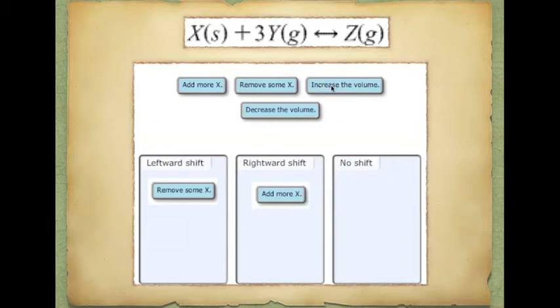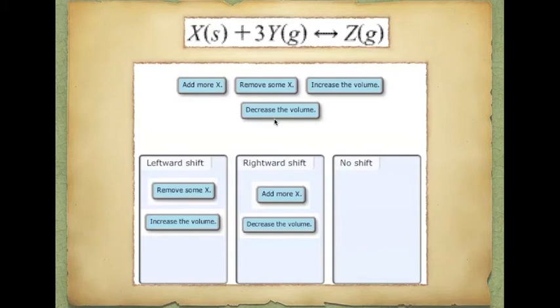So increase the volume, you'll want to go to the left because there are more gas particles on the left hand side, 3, than on the right hand side where you have only 1. So we go to the left. Increase the volume, go to the left because we're decreasing our pressure. Decrease the volume is obviously the opposite. Decreasing the volume means you're increasing the pressure, so you're going to go to your right. Therefore, it's a rightward shift.